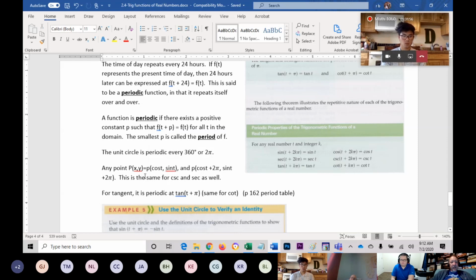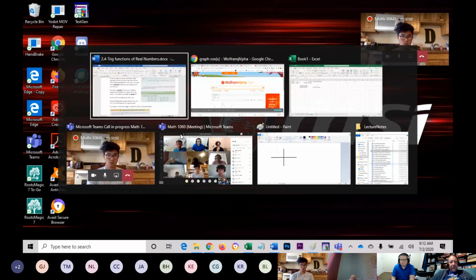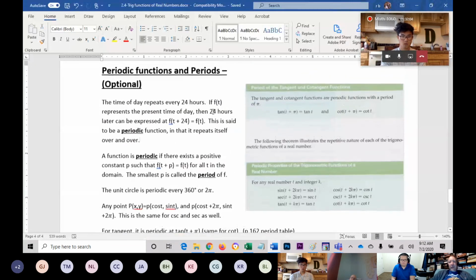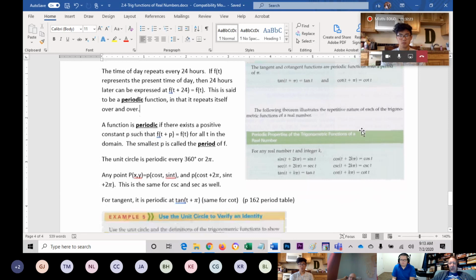This is the same for your cosecant and secant as well. The tangent and cotangent functions are also periodic. They repeat every pi units, and I showed you that on the previous graph. Your tangent repeats every pi units, and your cotangent repeats every pi units.